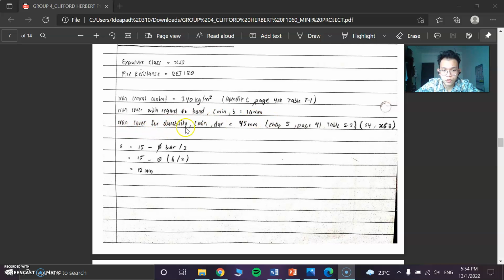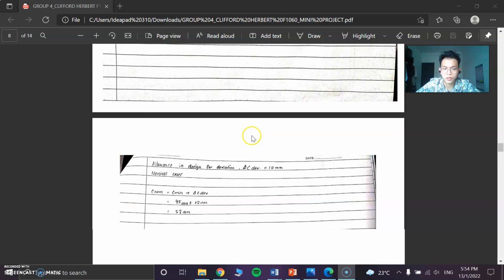Minimum cover for durability is 45 mm, which we choose from chapter 5 page 91. By assuming it, we calculate it, and we have 12 mm. So we use that one.